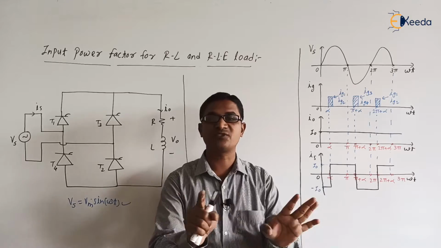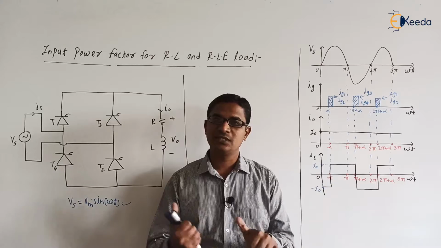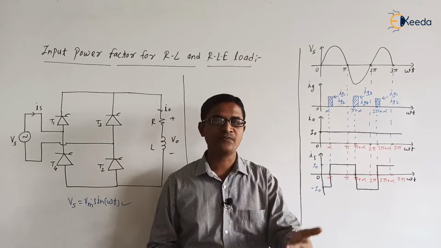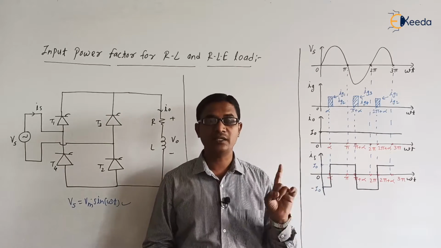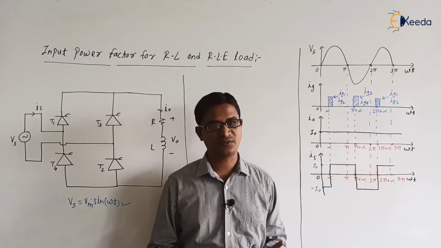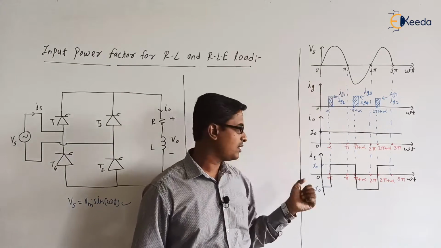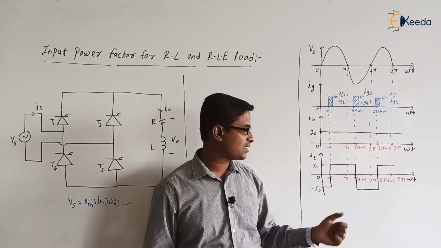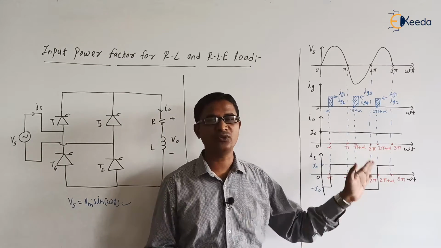That expression is valid only when the load is purely resistive, that is, when the input supply is sinusoidal as well as the input current is sinusoidal. But here the input voltage Vs is sinusoidal and the input current, that is the source current, is non-sinusoidal, like a square wave. So in this case we cannot directly use that expression.